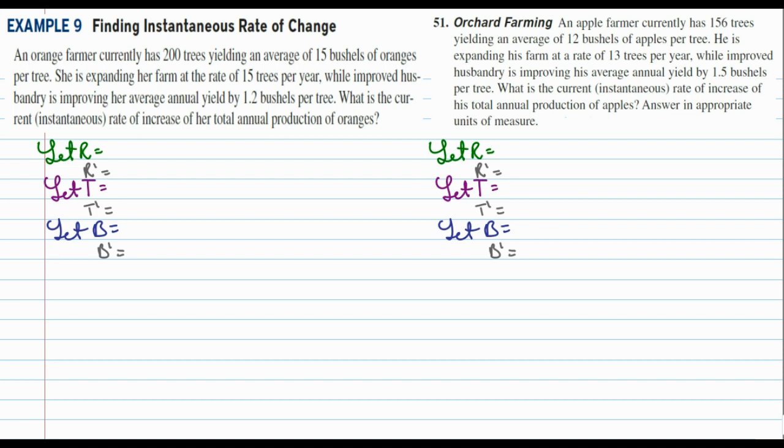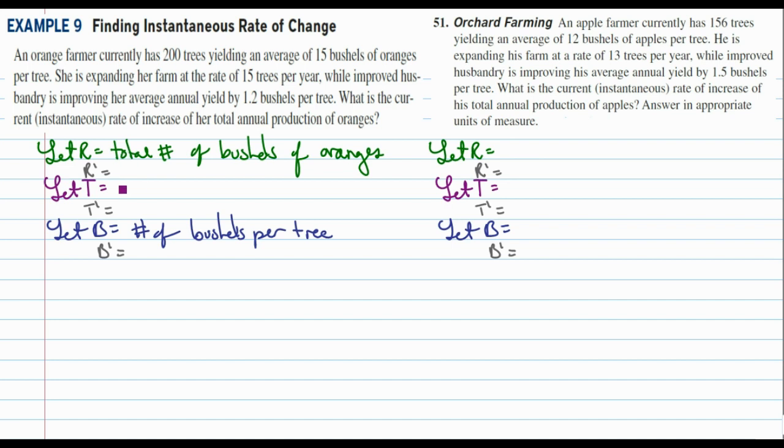So let's get some variables down here first. Let R equal the total number of bushels of oranges. I don't like using O because O is like the number 0. B is going to be my bushels per tree. T is then going to be her total number of trees.